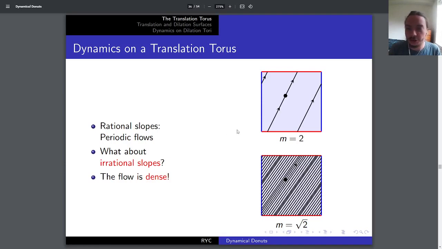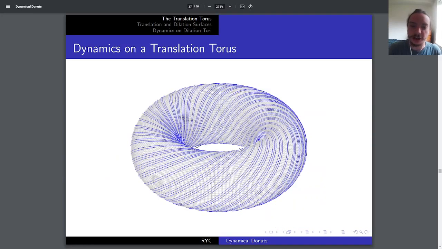Now, I think it's useful just to think about, we kind of showed what happens if you take the rational flow and you fold it up. So let's see what happens if we take the irrational flow and fold it up. And we get a picture that looks kind of like this. So what's happening here, you have this flow and it's moving around and it keeps kind of filling in the gaps that it had left unfilled before.